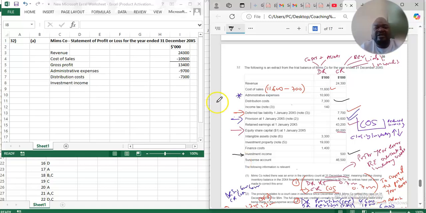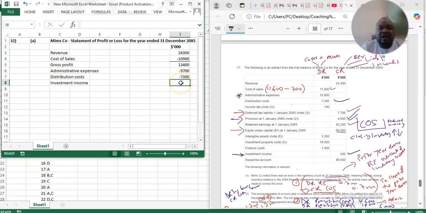I'm sure you still remember that. So we're going to come here and say equal sign. Originally there was 500, plus the 2000, which was the fair value uplift. We get a positive that much.